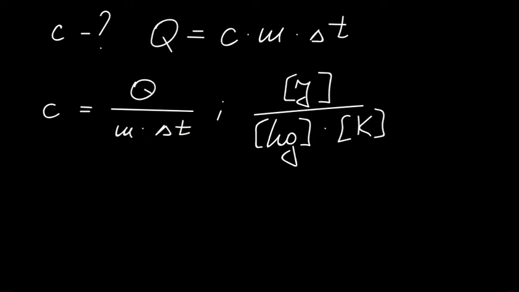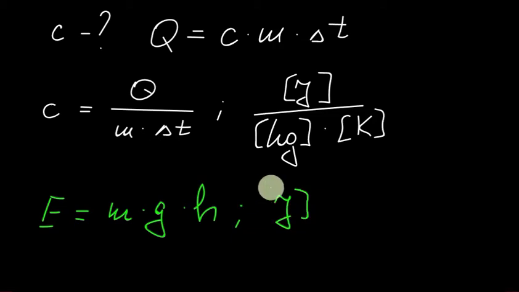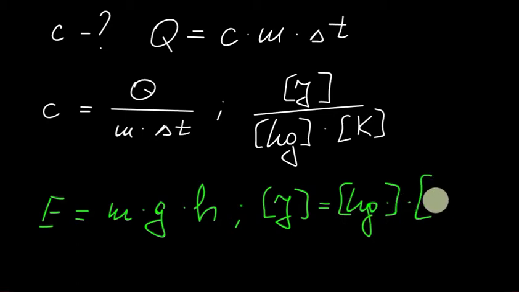So we can look at this formula, where energy is expressed as mass times acceleration times height. From this we get that joules is kilograms times meters per second square times meters.